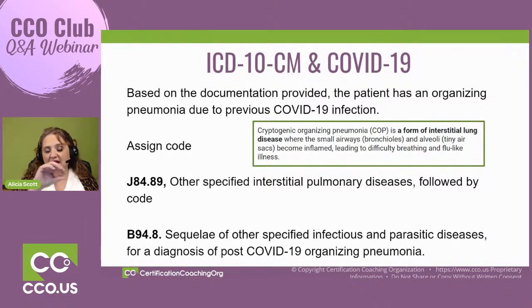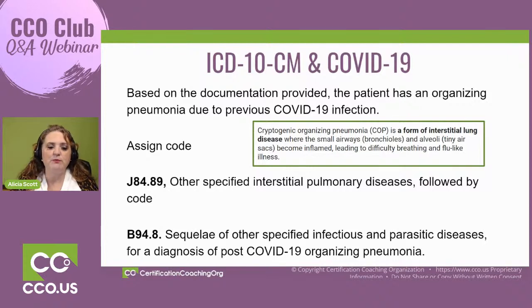This is on the alveoli, really tiny level for the pneumonia, and they have flu-like symptoms. So what we've got is this organizing pneumonia due to a past COVID-19 infection, but they don't have COVID-19 anymore.